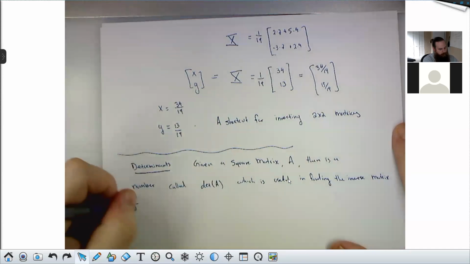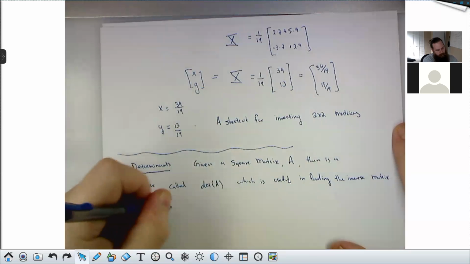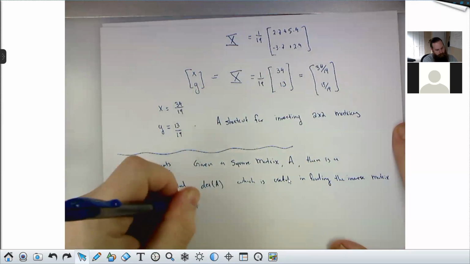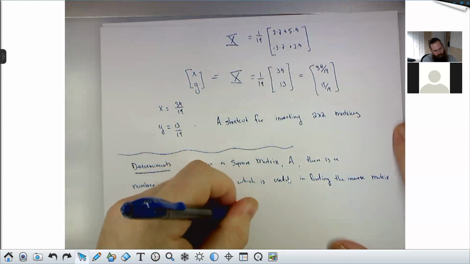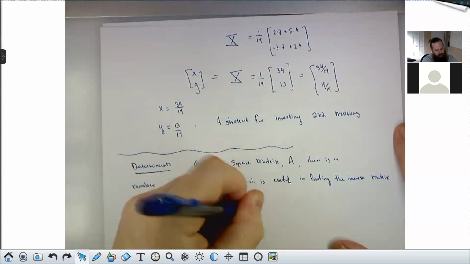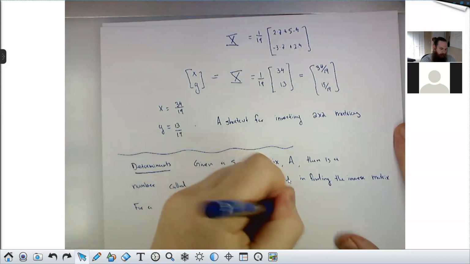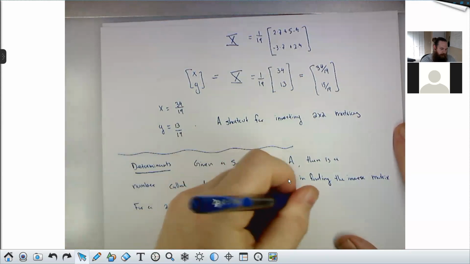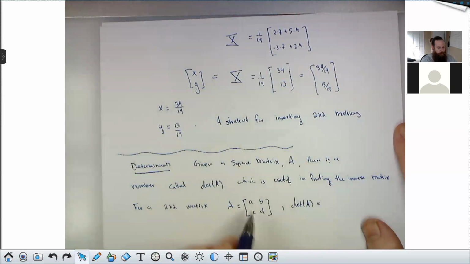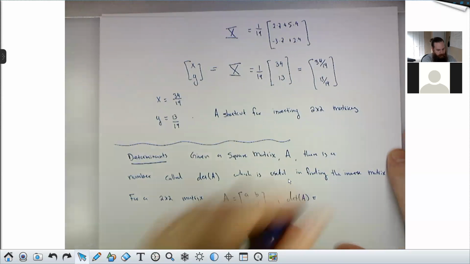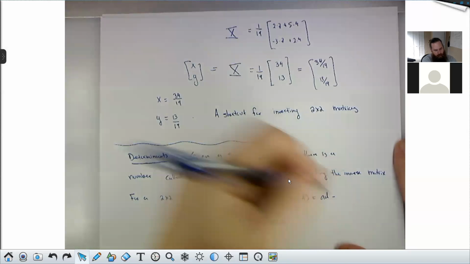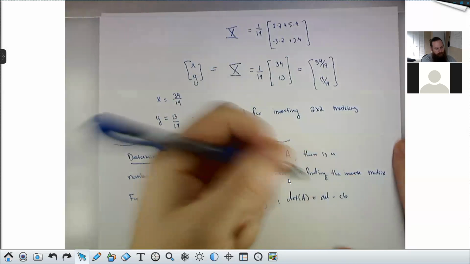For 2x2s, I'll call it A, B, C, D. The determinant is just the product of the main diagonal minus the product of the off diagonal, AD minus CB.